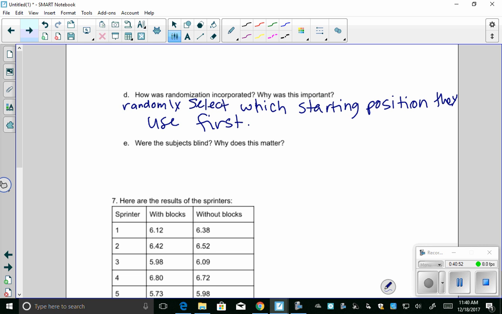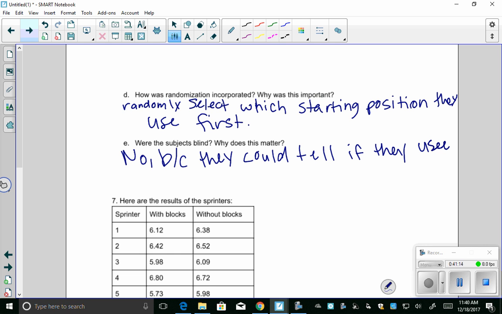So randomly select which starting position they use first. Were they blind? No. Because they could tell if they used a starting block or not.